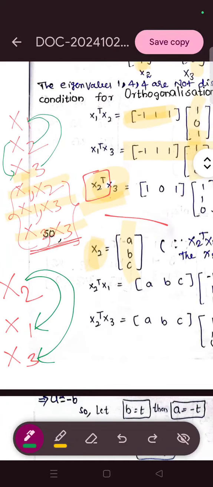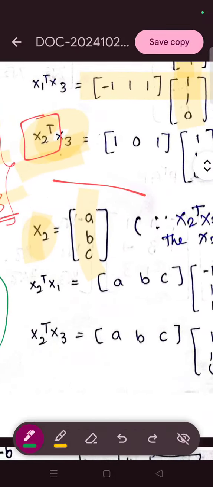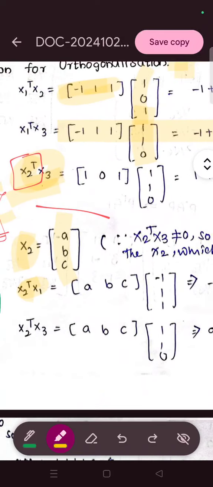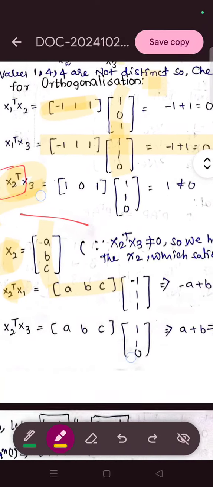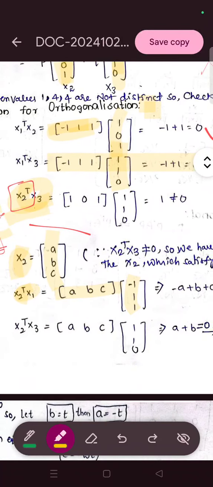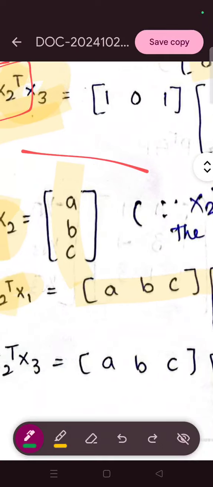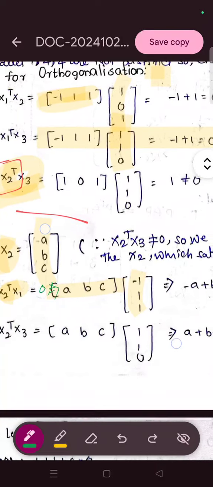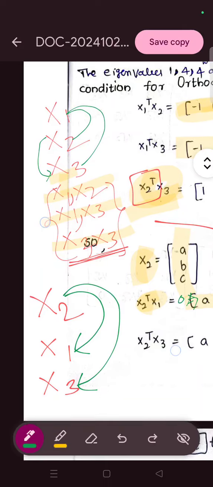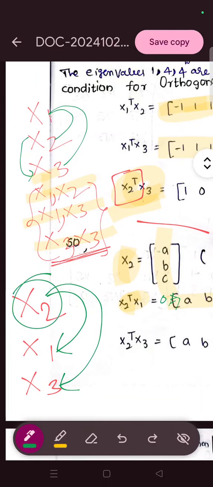First, x2 transpose x1. Here x2 transpose is a, b, c and x1 is the same previous vector, minus 1 1 1. If we multiply these two, if it is orthogonal, x2 transpose x1 equals 0. That implies minus a plus b plus c equals 0, and the remaining case is x2 and x3.